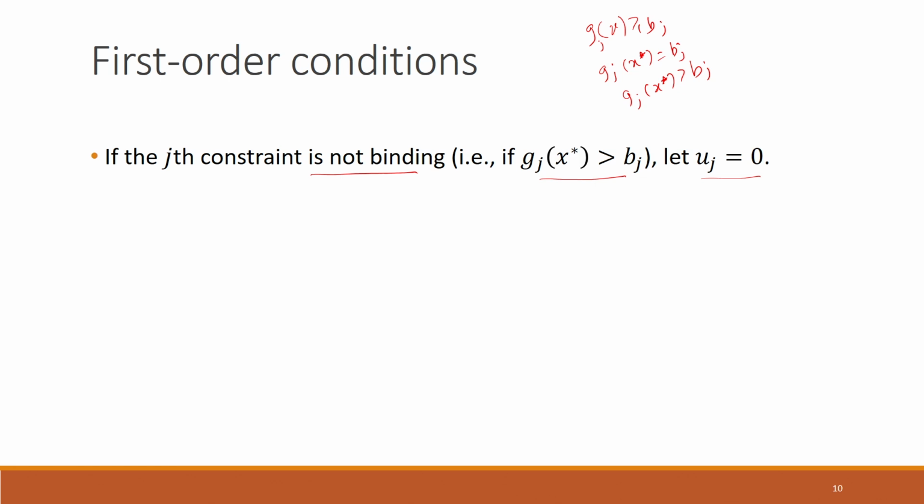So for example, when we had the case where the optimal solution was lying in the interior, it was at neither of the two boundaries. Then x* was greater than a', and minus x* was also greater than minus a'', which is the same as saying that x* is less than a''.